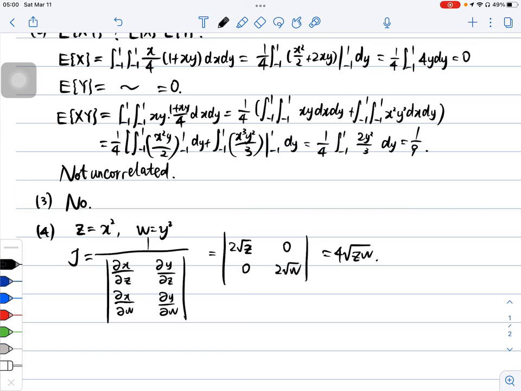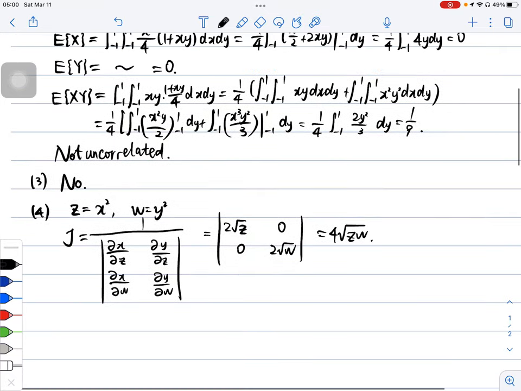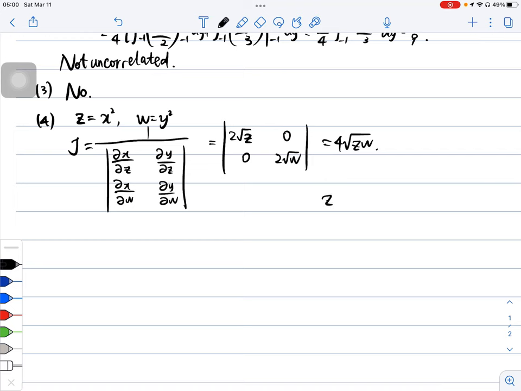So in the domain of definition, z is in 0 to 1 and w is in 0 to 1.